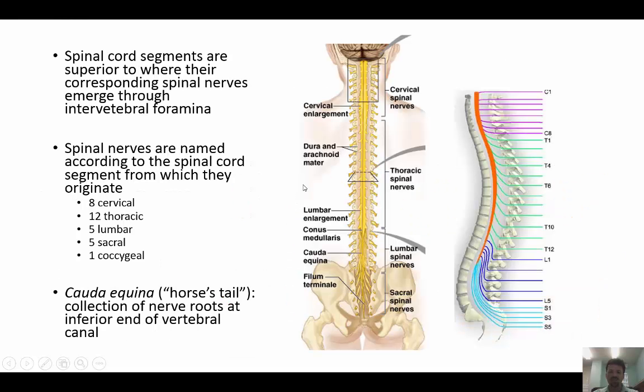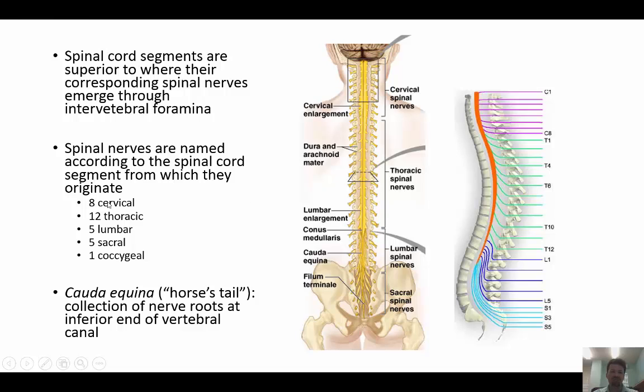And so you can see here your vertebral column, and lying inside of your vertebral column is your spinal cord. And the spinal cord is divided into spinal segments, and each is associated with a spinal nerve.